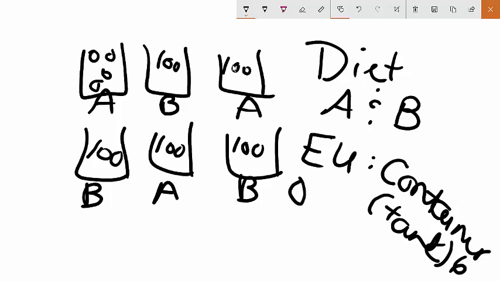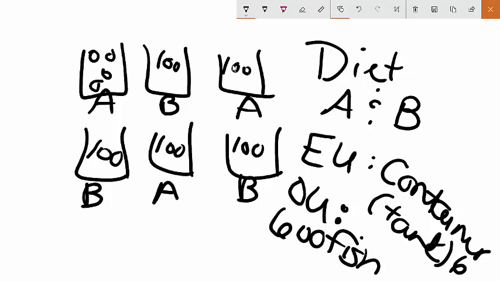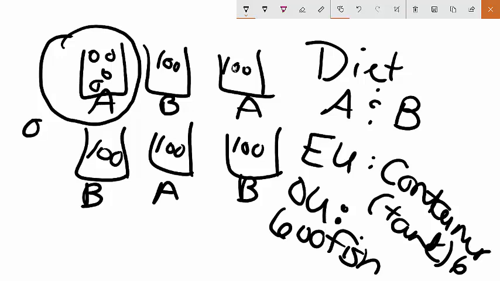So the OU is not going to be the weight loss, it's going to be the 600 fish, right? If instead we said that we were going to measure the weight of the entire container, then that would change so that the OU would be the container. So that's the difference between those two ideas.